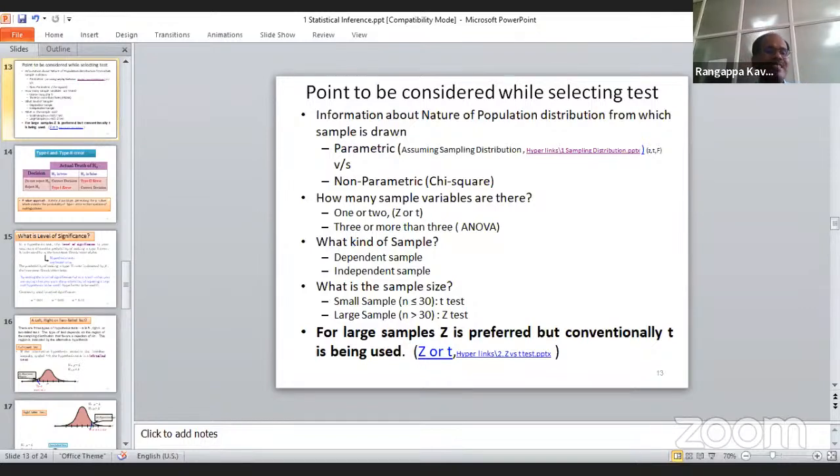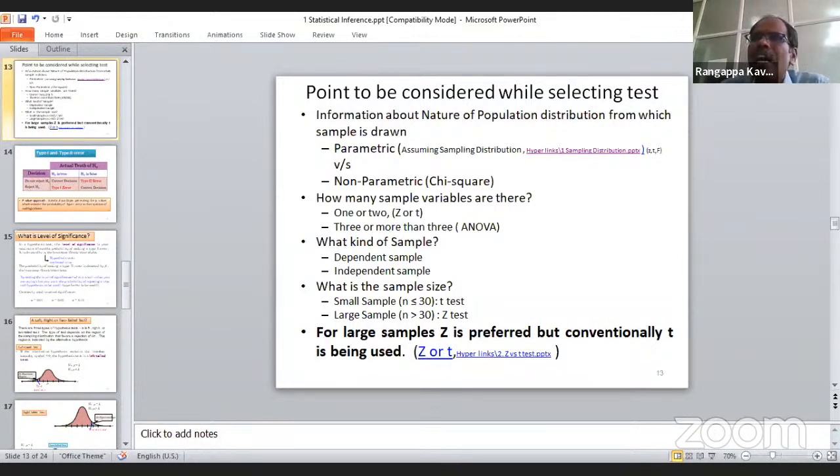So you have to consider dependent and independent samples, and also sample size, small sample and large sample. If the sample size is less than 30, we say small sample. More than 30 is a large sample. Whenever there is a large sample, we could go for a Z test. But in research literature, you might have seen that even for large samples, most scholars use the t-test instead of the normal Z test.